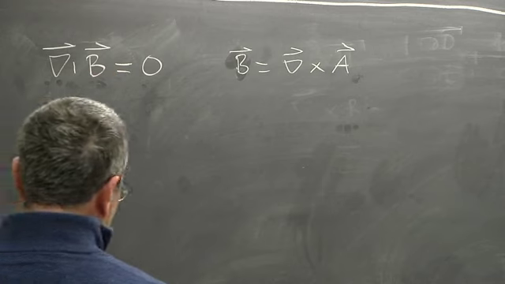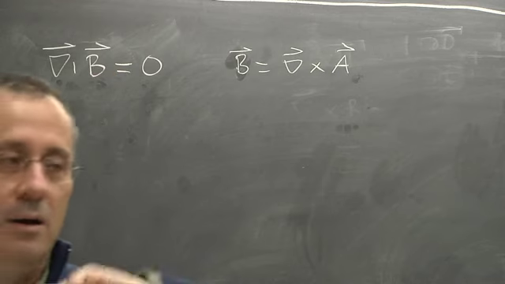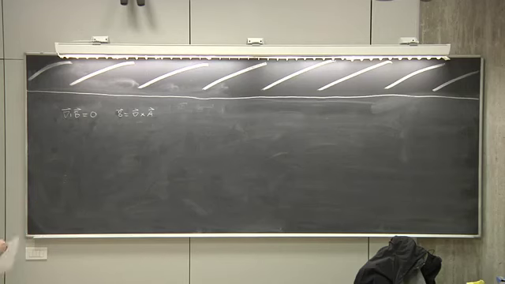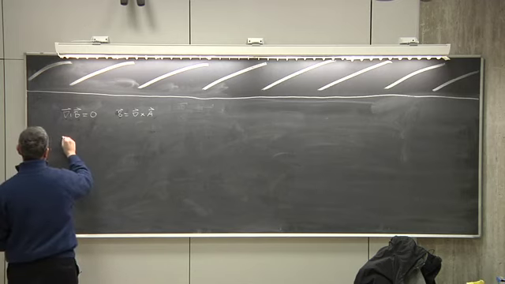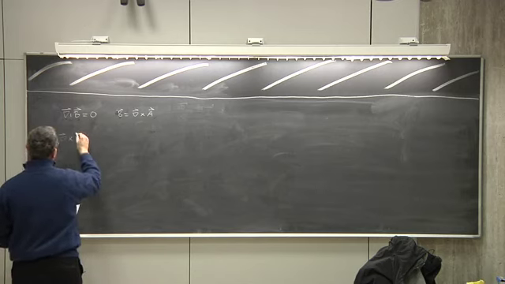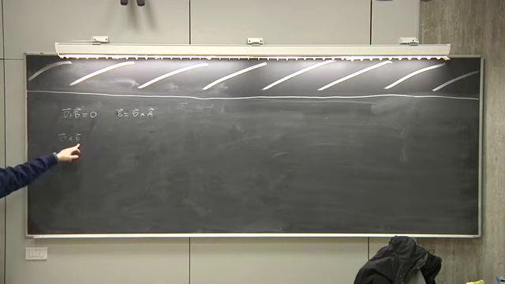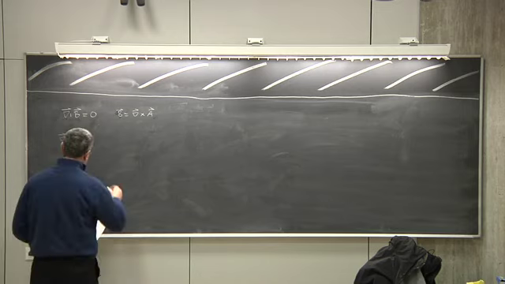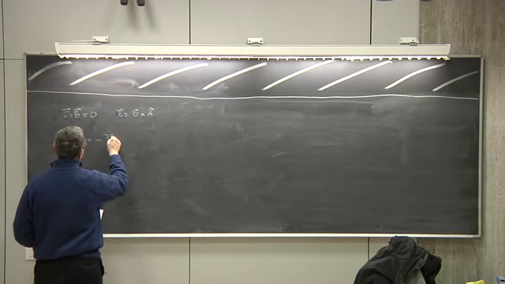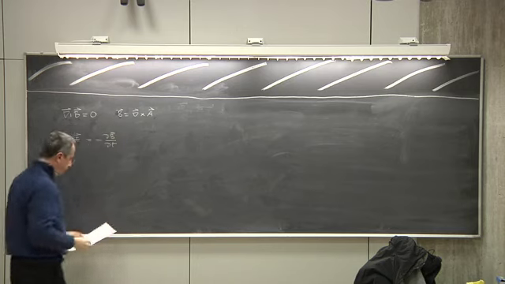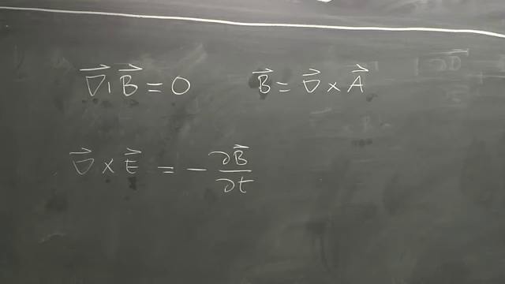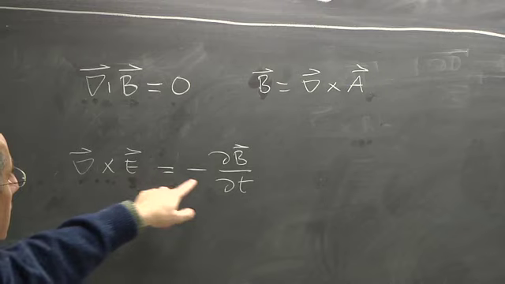On the other hand, you remember that the scalar potential was introduced by exploiting the fact that the curl of E was vanishing, right? Because the curl of a vector vanishing means that this vector is a gradient. But now you see that this is no longer true because of the Maxwell equations. It's not any longer true that the curl of E vanishes.